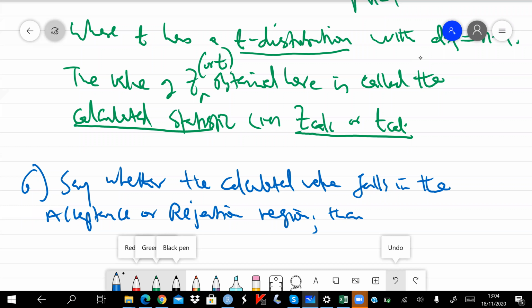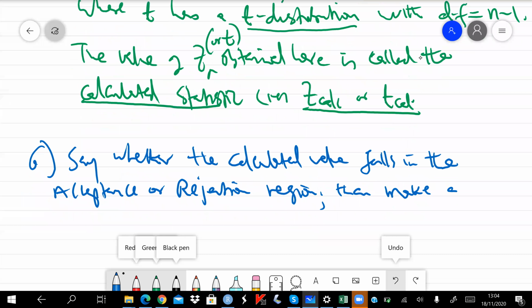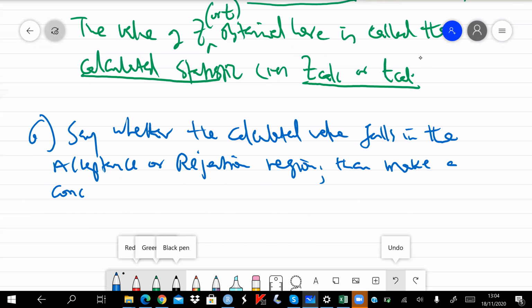Then make a conclusion. If the calculated value falls in the acceptance region, you accept the null hypothesis, that is, you fail to reject it. But if it falls in the rejection region, you reject the null hypothesis. Then you make a conclusion or decision.